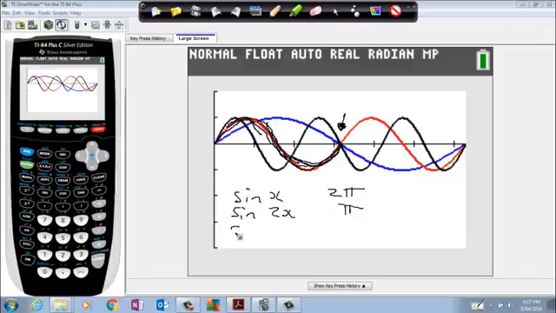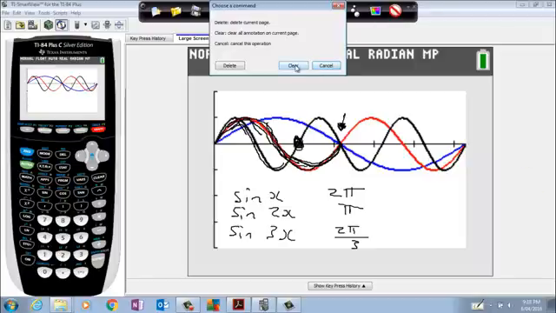If we look at sine 3x, you could probably guess that you just grab your 2 pi and now it's going to be a third, so it's divided by 3. So this one was 2 pi divided by 2, this one's 2 pi divided by 3. And you can see that with the black one, it's a lot quicker, so the period of this one is sitting right there. That's a third of the full 2 pi section.